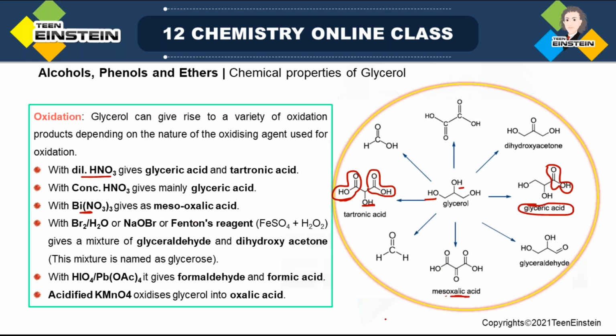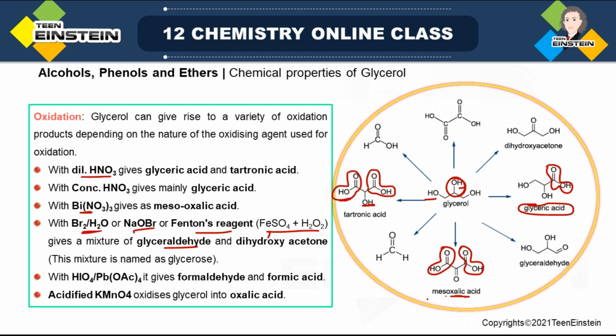See, this is the structure of mesoxalic acid, where the terminal CH2OH is converted to CO2H and the middle CHOH is converted to C double bond O. If the oxidizing agent is bromine water or NaOBr, or a mixture of ferrous sulfate and hydrogen peroxide, which is known as Fenton's reagent, if you use any of these three reagents, you will get a mixture of glyceraldehyde and dihydroxyacetone.